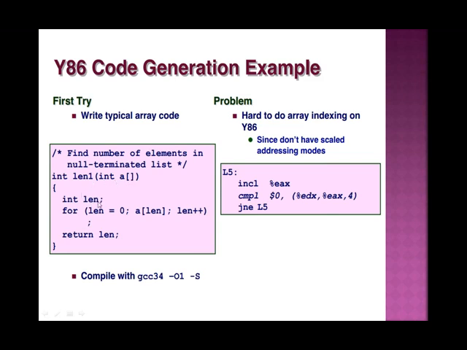Using the for loop, for initializing the value, first of all use len equals 0. Len goes from 0 to the number given by the array, then len plus plus, do the operation, then return the len value.